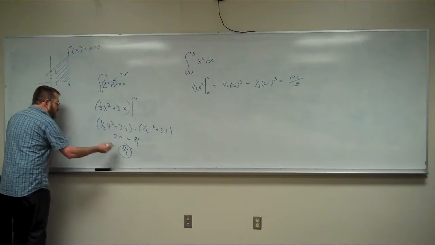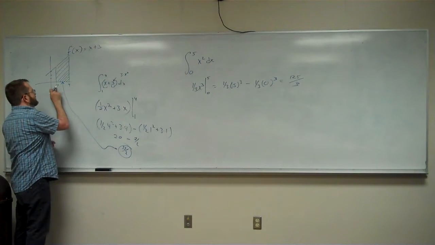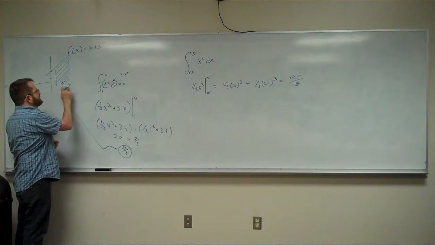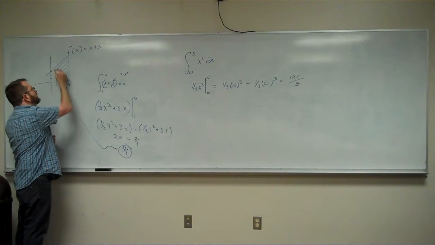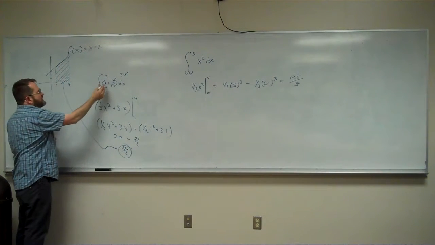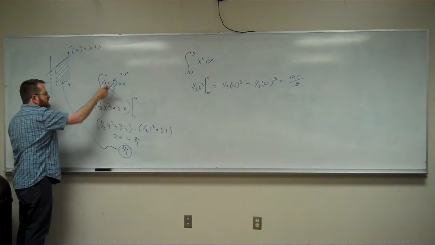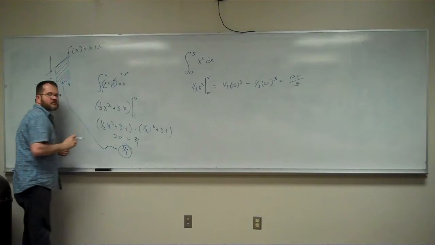So this area here was 33 halves. It is the integral of this function from 1 to 4. We took the antiderivative of the function and we plugged in the values at the end and the beginning.